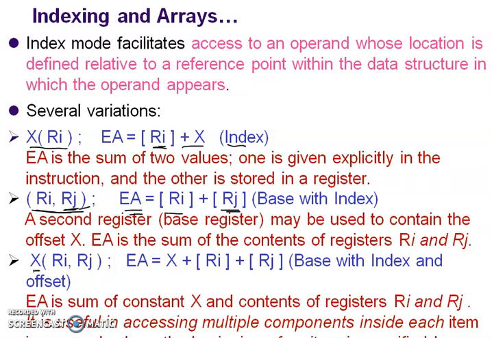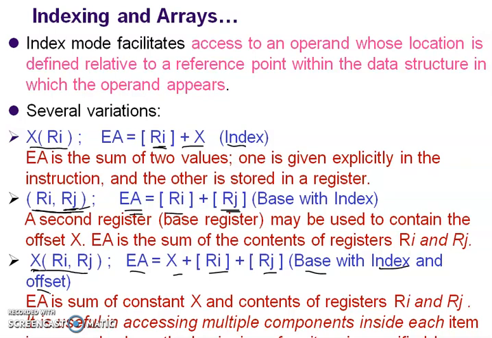The next notation, x of Ri comma Rj. Here three values are being used. One is the offset, the other is a base, then the other register where the address is being stored. Effective address is x plus Ri plus Rj, and the name given for this addressing mode is base with index and offset.